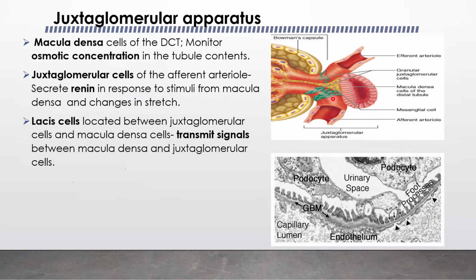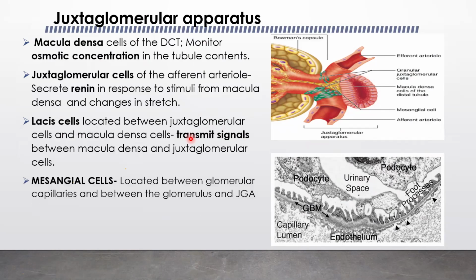The extraglomerular mesangial cells are the lacis cells located between the juxtaglomerular cells and the macula densa cells. The function of these mesangial cells is to enable communication between the macula densa cells and the juxtaglomerular cells. They enable transmission of the signals between the macula densa cells and the juxtaglomerular cells.